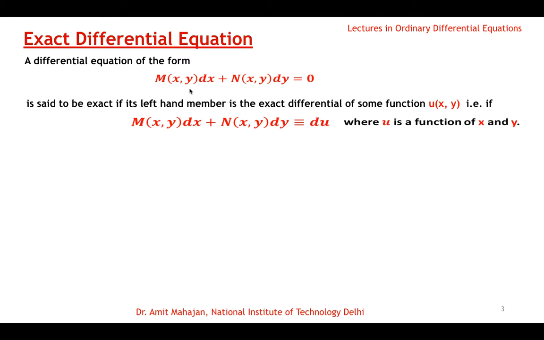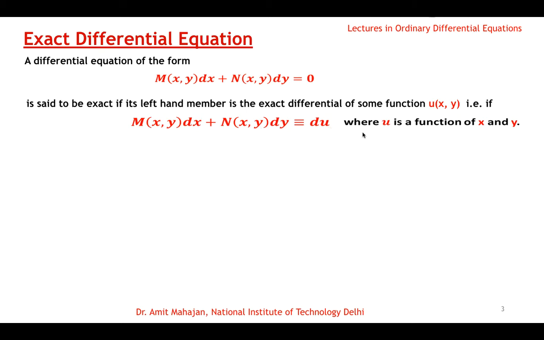So if you are given a first order first degree differential equation, and if you write that in the form M dx plus N dy is equal to 0, then this will be called an exact differential equation if the left hand side can be written as the derivative of some u function, where u is a function of x and y.